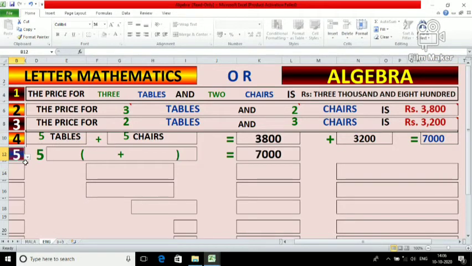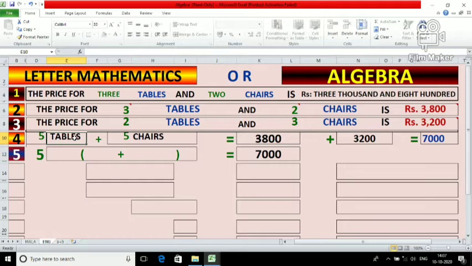Here we are changing this into another form. Here, how many tables? 5 tables. How many chairs? 5 chairs. So the number of chairs and tables are equal. So 5 is taken out.